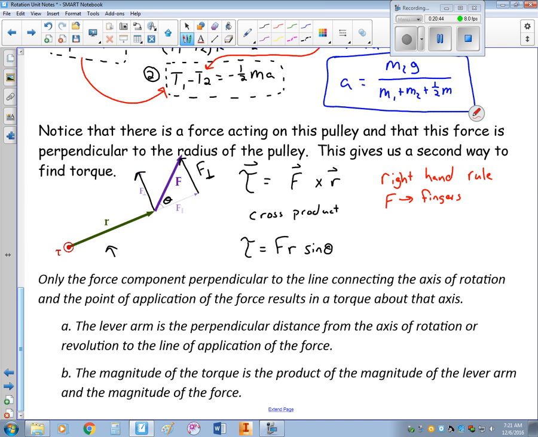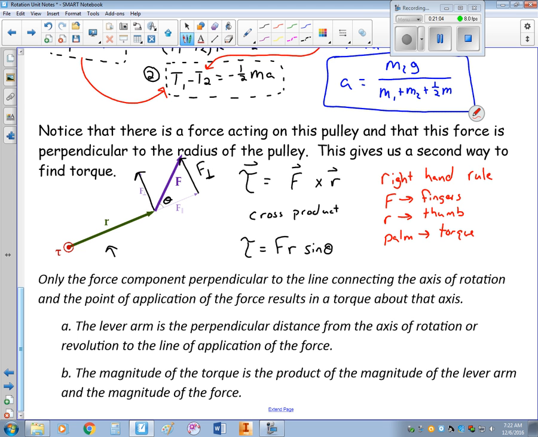Using your right hand, your four fingers point in the direction of the force. The r points in the direction of your thumb. And then your palm will point in the direction of the torque.